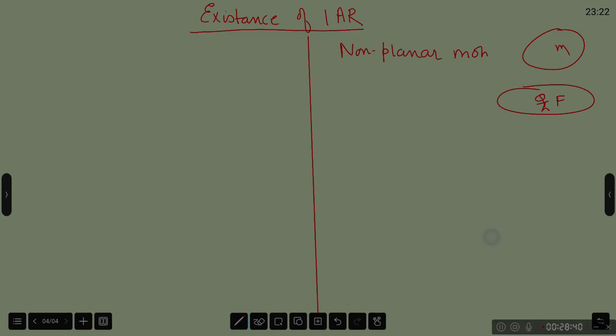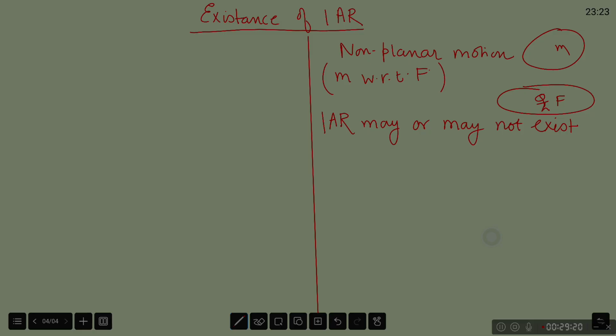M with respect to F. If the motion of M with respect to F is non-planar, IAR may or may not exist. May or may not exist, not guaranteed. If it doesn't exist, we cannot find it, and the whole narrative about IAR has to be stopped.